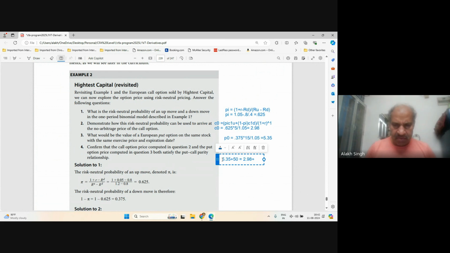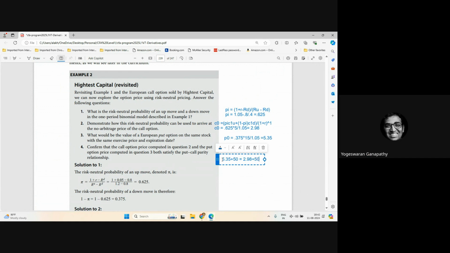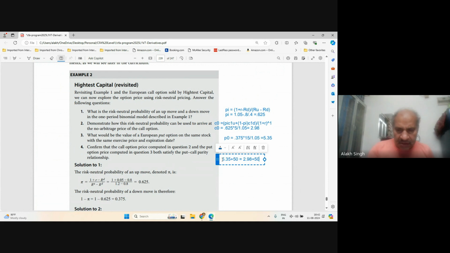Risk-free rate is 5%. So 55 divided by 1.05 is 52.38. Total value is the same, sir.